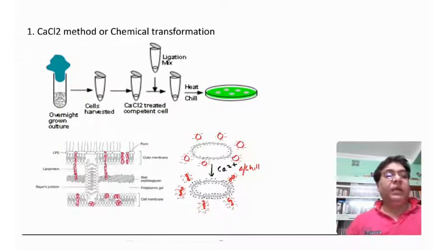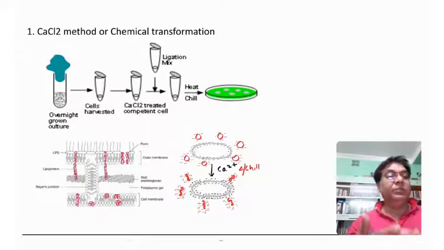Moreover, the calcium ion, which is positively charged, coats the DNA as well as the negatively charged phosphate residues of the lipid membrane. The DNA is negatively charged, and the phosphate of the membrane is also negatively charged, so both of them repel each other. When the DNA becomes coated with calcium ions, the concentration is very important.